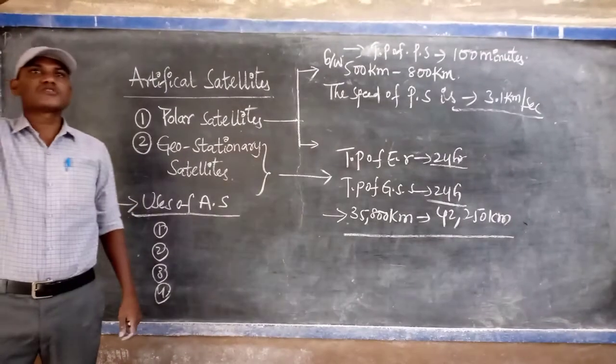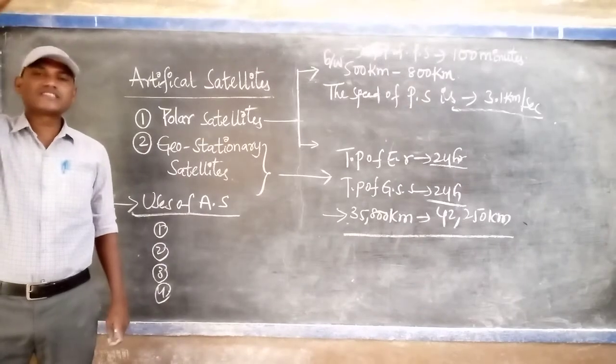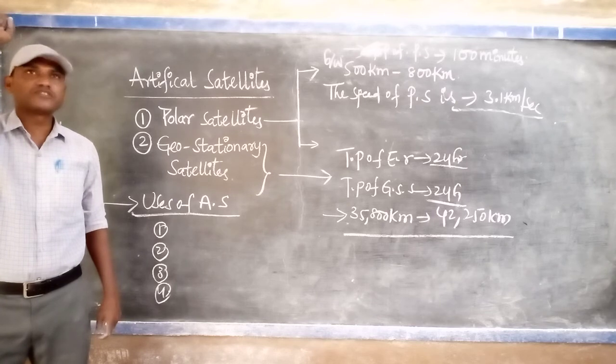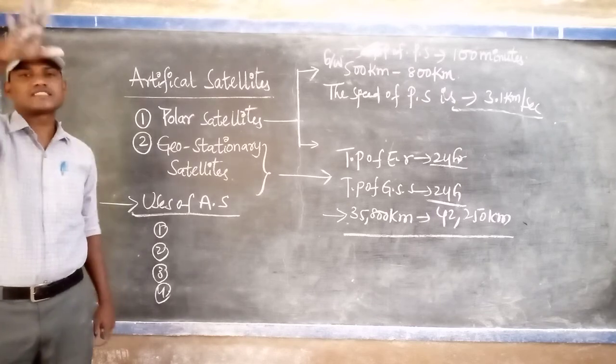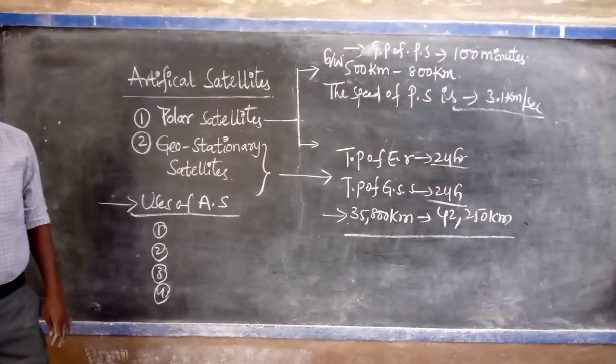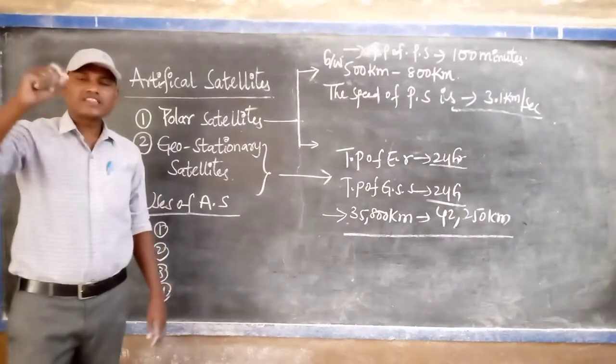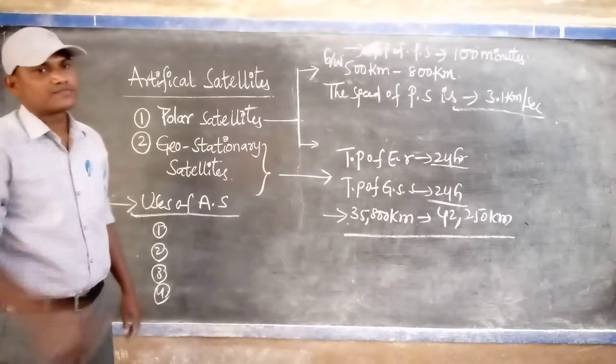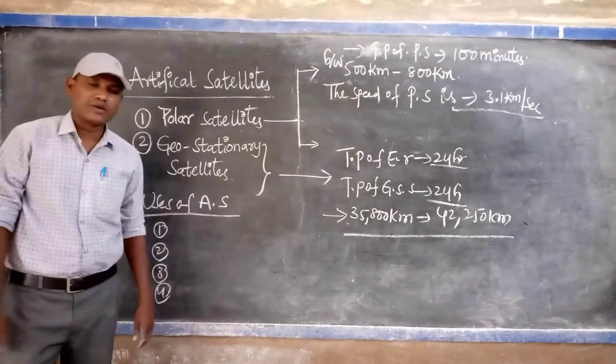After it reaches the higher altitude, the rocket releases the satellite into space. When it is released, it has a certain velocity, called orbital velocity. The satellite revolves around the earth with an orbital velocity of 7.8 kilometers per second.